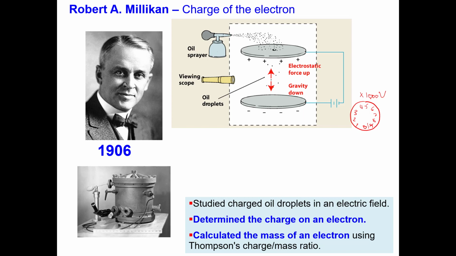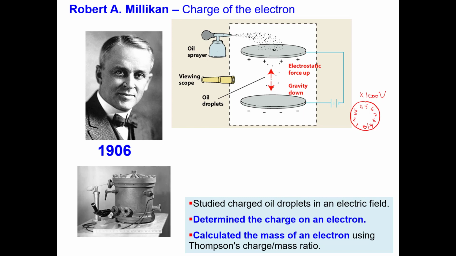When he applied about 10,000 volts, the drops move up, and the reason is the electrical force was larger than the gravity force. What happened if the voltage was less than 3,000 volts?